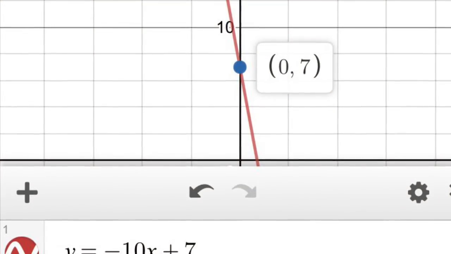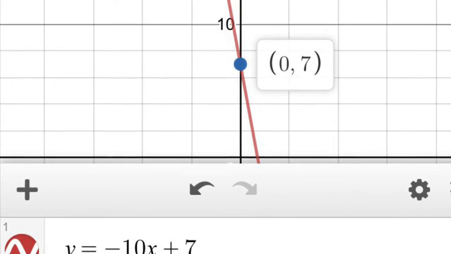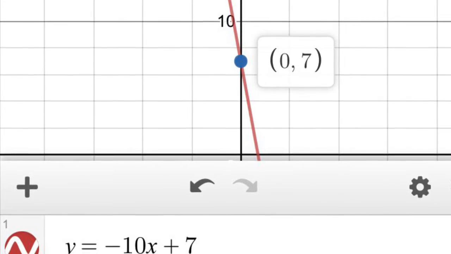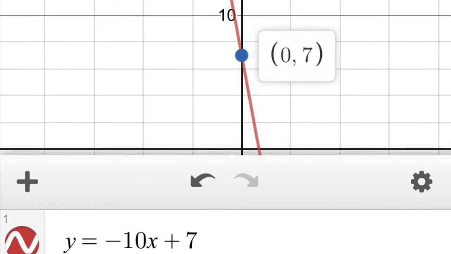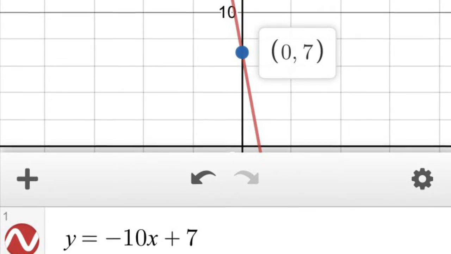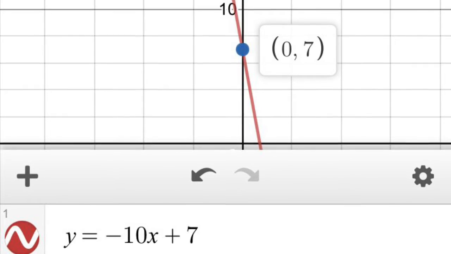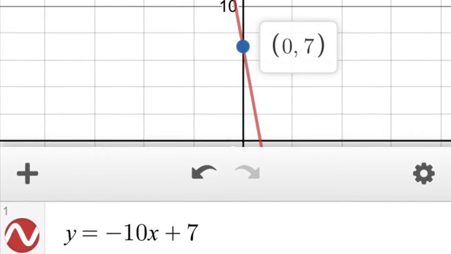Just to make sure it's linear, I enter the equation into Desmos. And you can see that Desmos creates a decreasing line because it's going down 10 each time. The slope is negative, and it starts at 7. So Desmos has helped me show that it's linear.